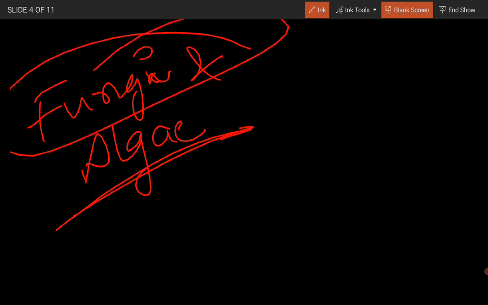If we talk about the fungus that grows on bread, it cannot be seen clearly with your naked eyes. If you want to see the fungus, you need a magnifying glass to see it. That is why it is considered a microorganism. A similar case is with algae also.